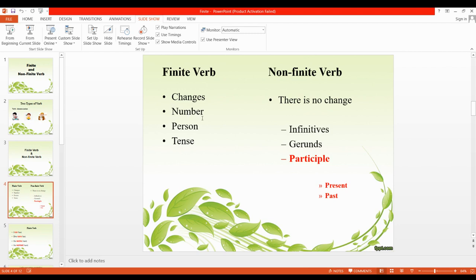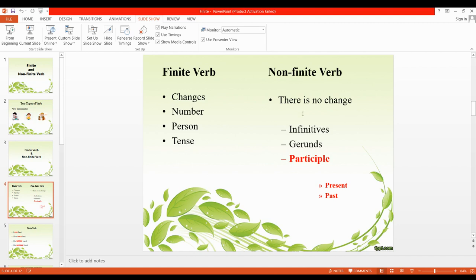So write is a finite verb. The boys write. Here the boys is plural, per number, singular or plural. The boys write the letter or write the exam. So based on the subject, the verb is changing. So this is finite verb.